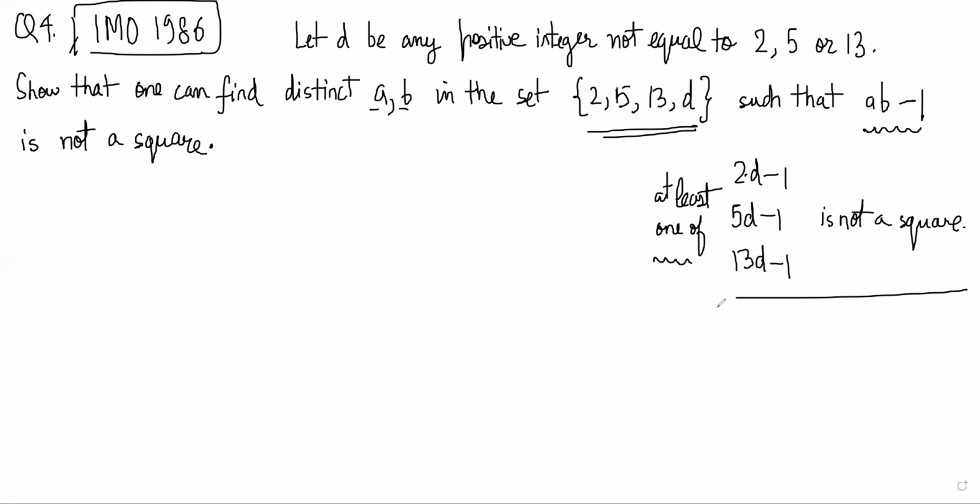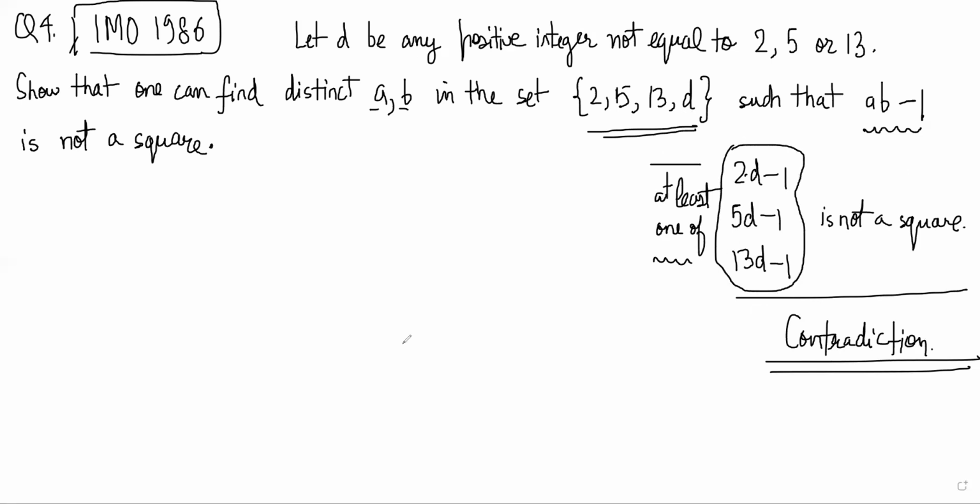Since this is a statement which is quite awkward to try to prove directly, you should do it by contradiction. Proof by contradiction. Assume all these are squares, right? That will be better.